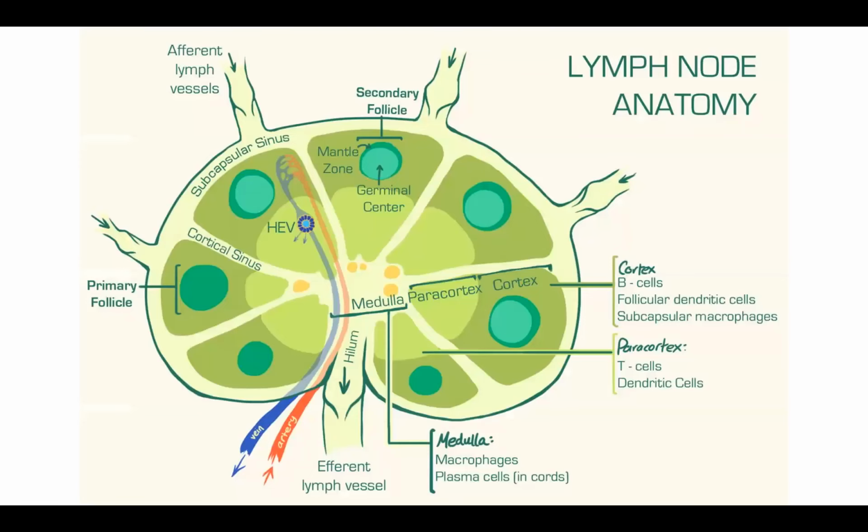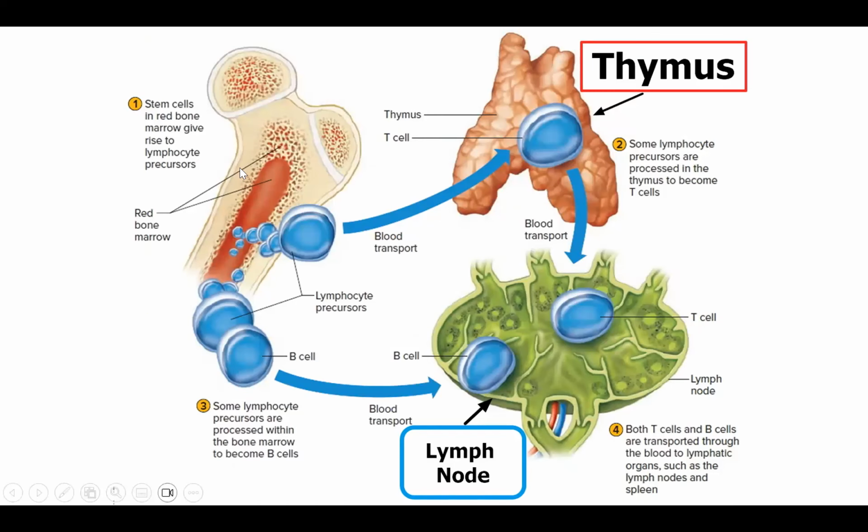Now, this precursor that's coming out, this lymphocyte precursor, there are two types. There are actually a lot of different precursors coming from the hemopoietic stem cell, but we're just focused on the lymphocyte precursors that end up being a T cell or a B cell.